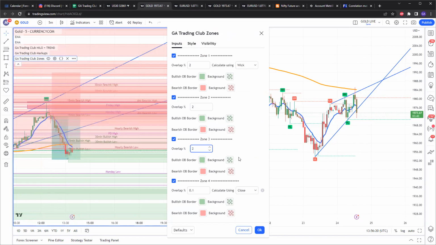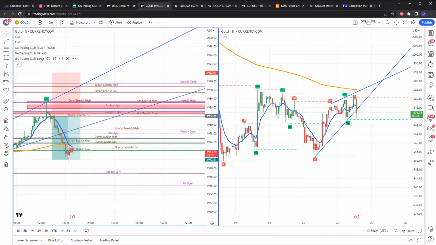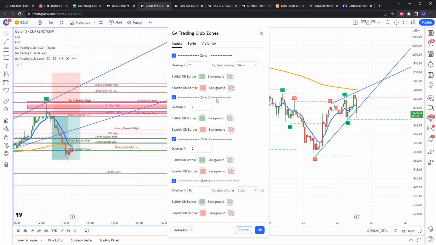If at any point you get a study error while playing around with any of these values, it's because right now it goes back over the last 1500 or 2000 bars. So if you get a study error while using the zones indicator, just reduce the overlap percentage that you want.